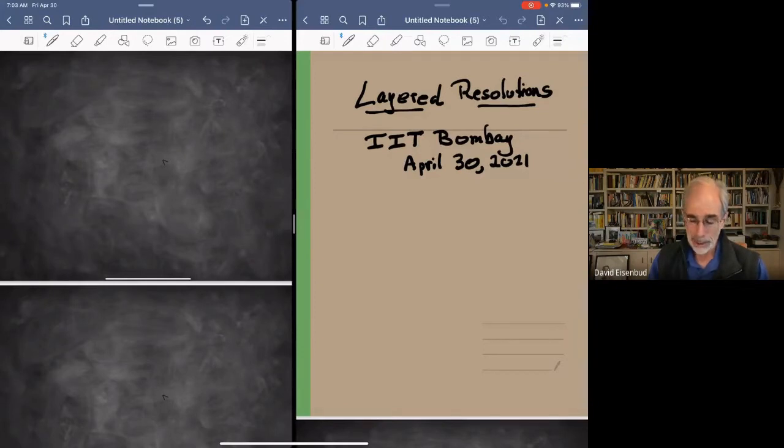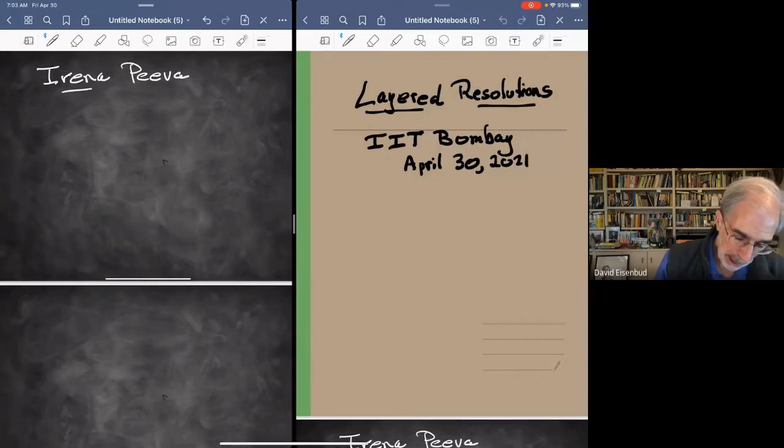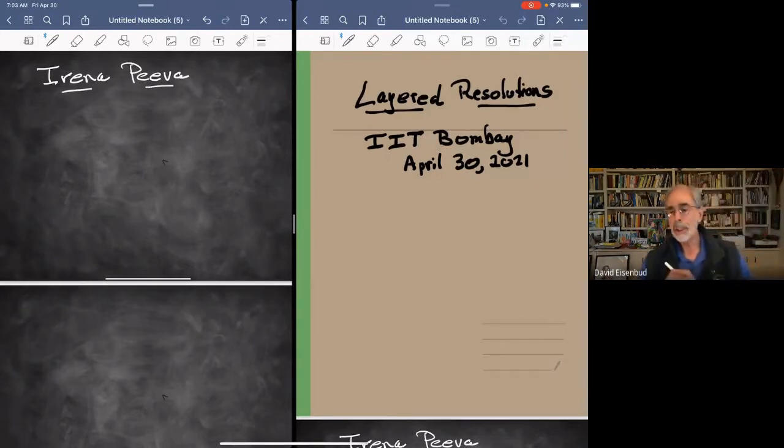And in recent times, Irena Peyeva and I have worked on this again. And we have what I think is in some way the right approach to the complete intersection case. And that's what I want to tell you about today.